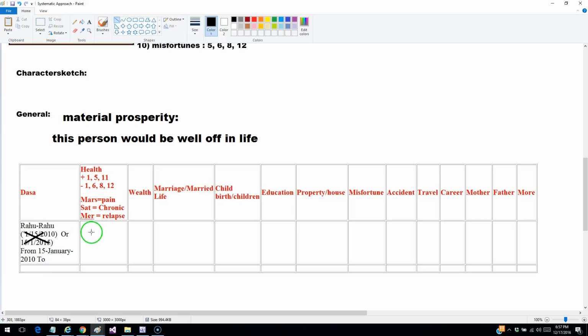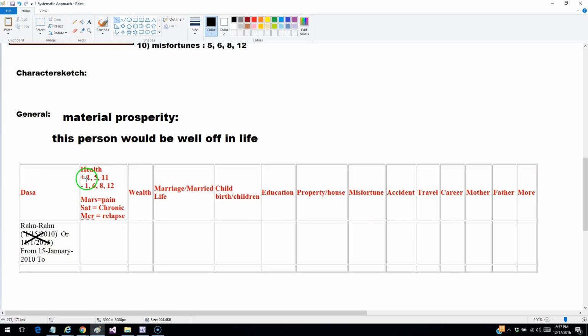And now, what are the questions usually applicable in a birth horoscope, or that a person is likely going to ask? It's about health, then wealth, marriage, married life, children, education, property, real estate, and accident, and all that, right? So you can tabulate all these questions. You might want to add some more questions, so it's your preference.